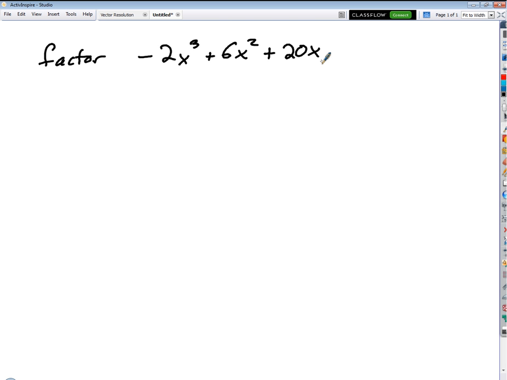That looks different, strange. What's real different about that?